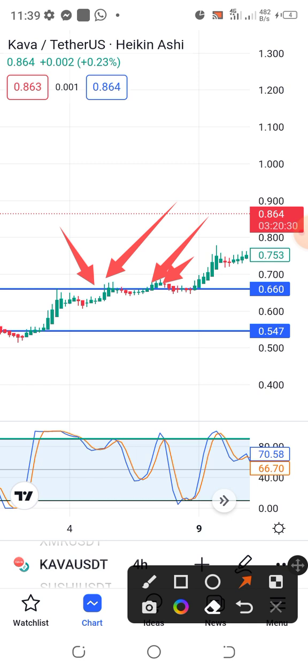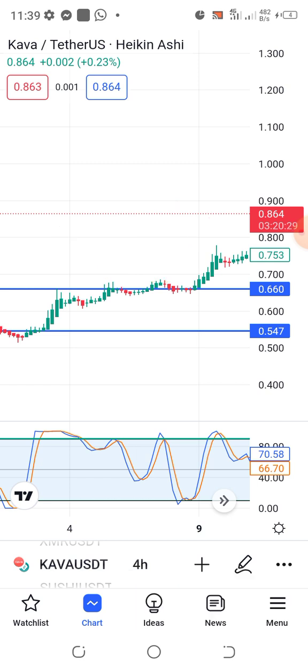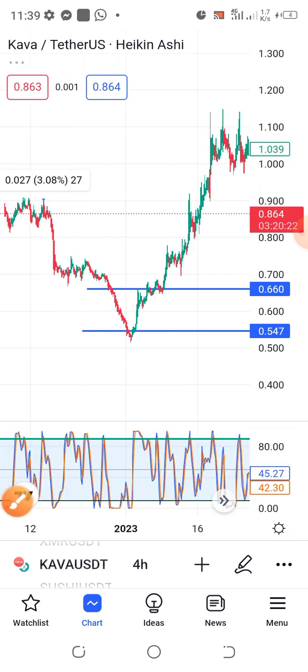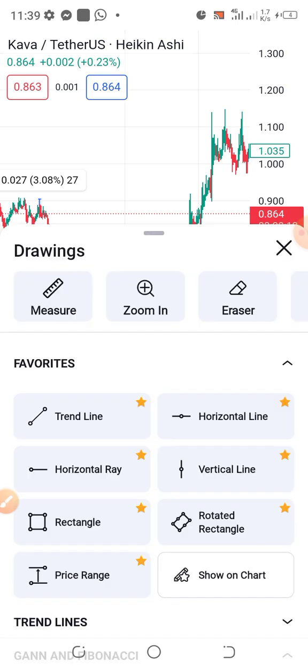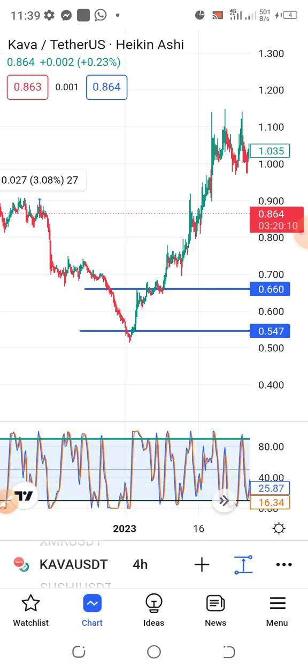For your profit, we always consider the previous high. All right, always consider the previous high. If you bring our price range, this was our entry here. I see we are in the 4 hours time frame. So our first previous high was this.